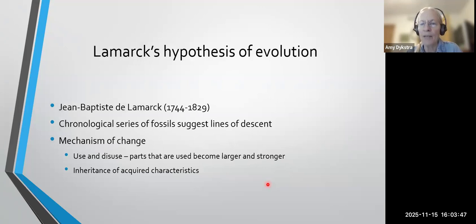Also making contributions at the time of Darwin, or prior to Darwin really, was Jean-Baptiste de Lamarck. He was not the first scientist to come up with the idea that species have changed, but he was the first person who proposed a mechanism for how that could have happened.